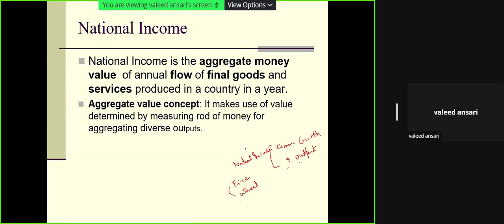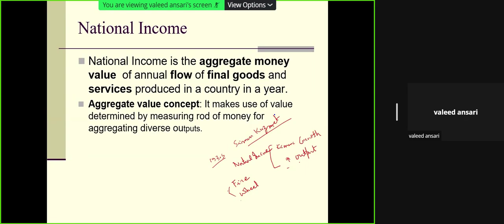The scientific method of national income was developed in the early 1930s. The credit goes to Simon Kuznets, a Nobel Prize winner in economics, who proposed methods of how we can measure national output, income, or expenditure. I am using these words interchangeably, and that will become clear to you later.